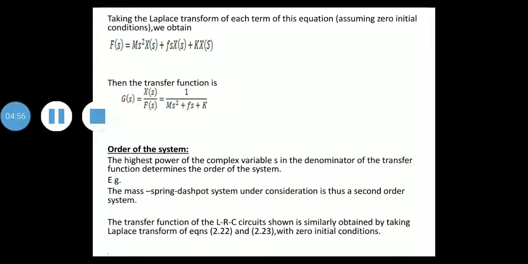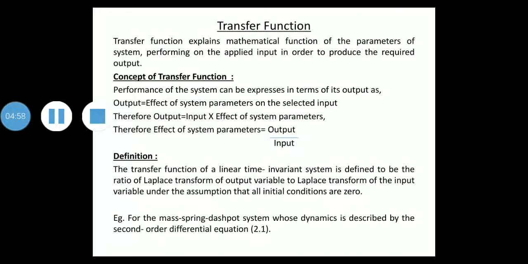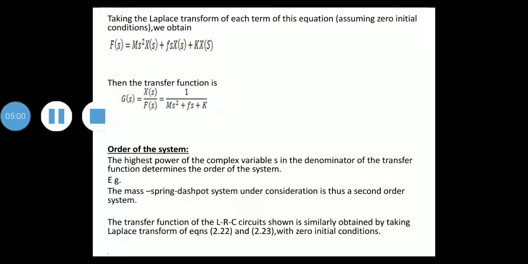This has already been told. So you can see in this mass spring dashpot system, the highest power of s is 2. Due to that, the mass spring dashpot system under consideration is thus a second order system, and we can also recognize this from its differential equation.